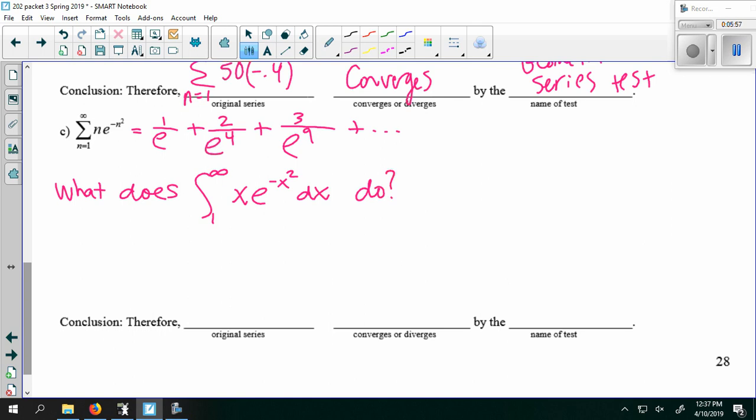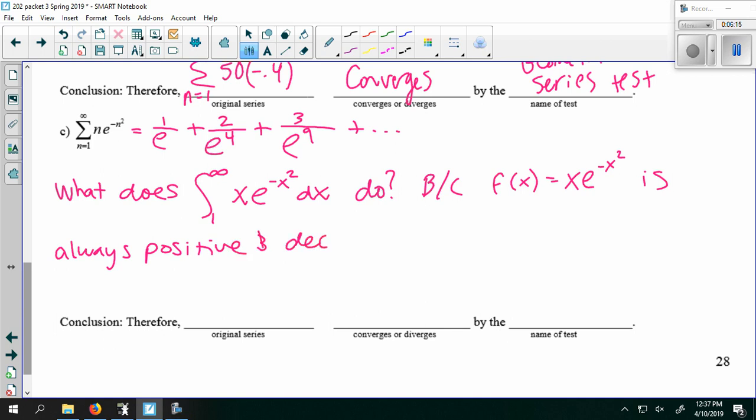Okay, because the function f of x equals x e to the negative x squared is always positive and decreasing, the sum from n equals 1 to infinity of n e to the negative n squared will have the same behavior as the integral.